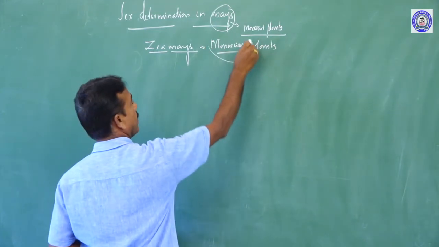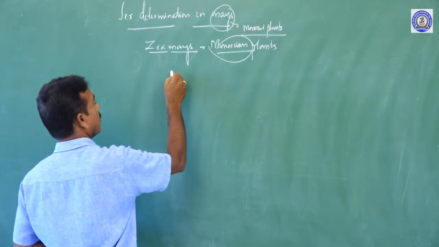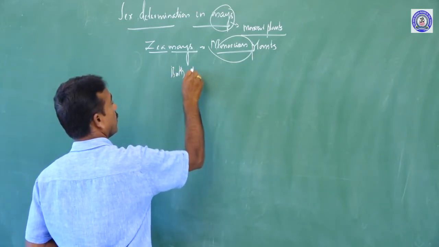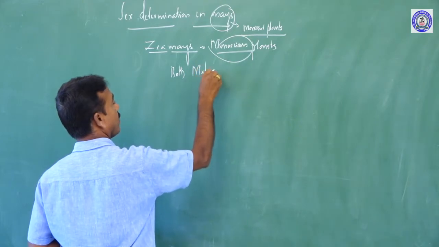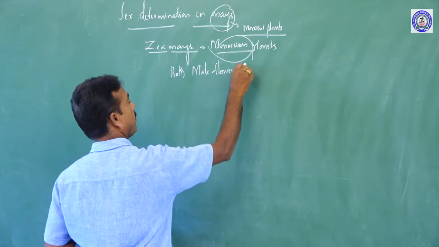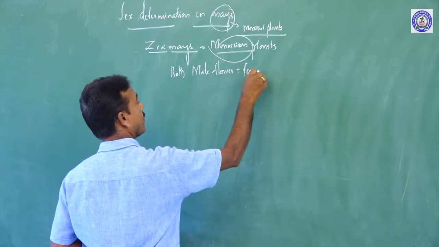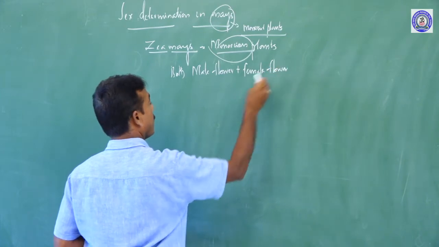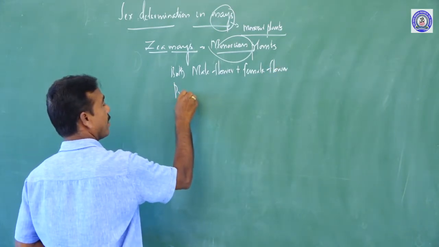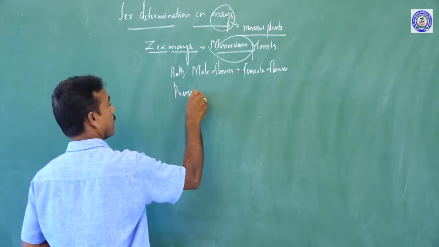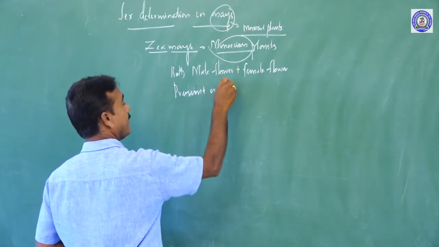Monoecious means both male flowers and female flowers are present on the same plant.